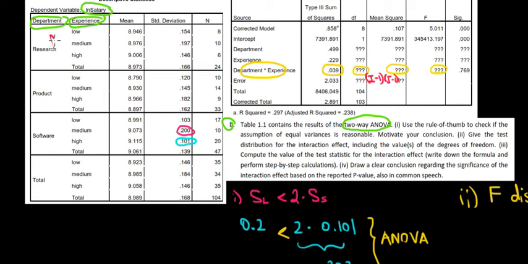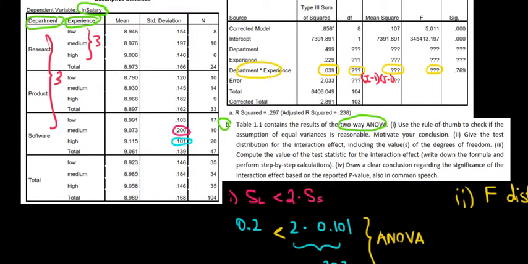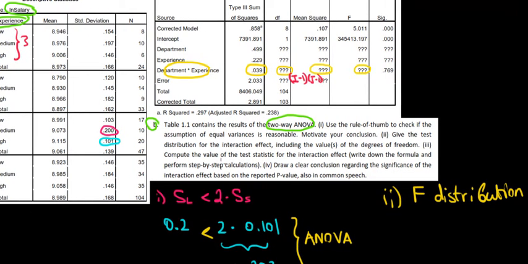In experience we have low, medium, high, so 3 groups as well. The degrees of freedom for the variation between the groups is 3 minus 1 times 3 minus 1, that's 2 times 2, which is equal to 4.